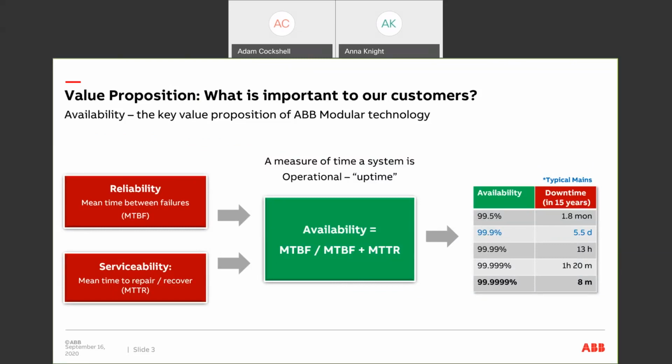As you can see down the bottom on the right hand side of your screen, 99.49% availability, which means over a time of 15 years, you can be looking at 8 minutes or less of downtime, which is an order of 10 improvement on our competition.